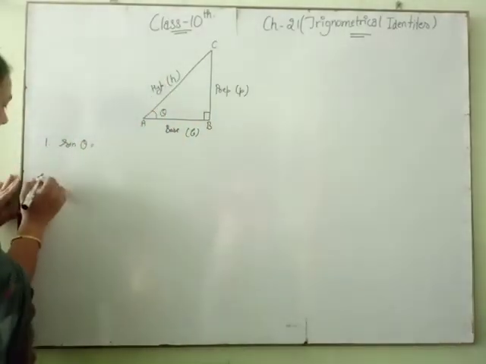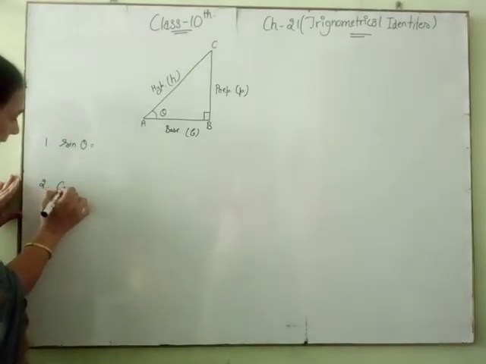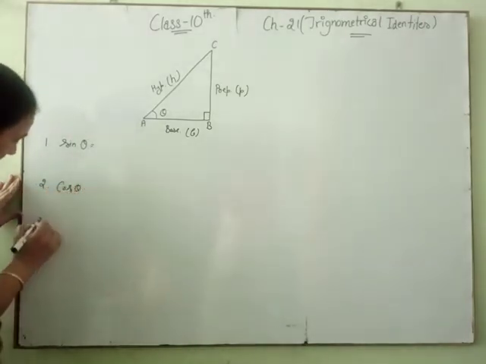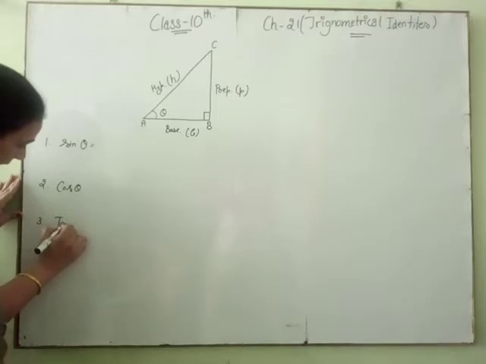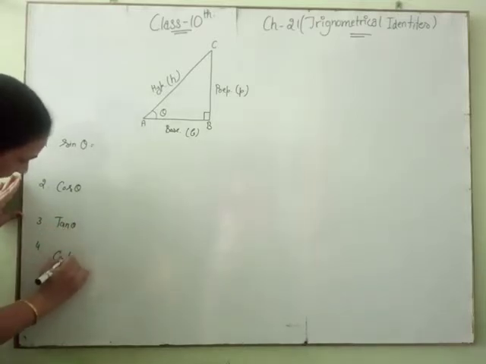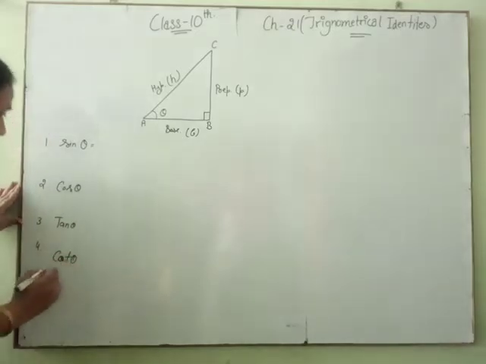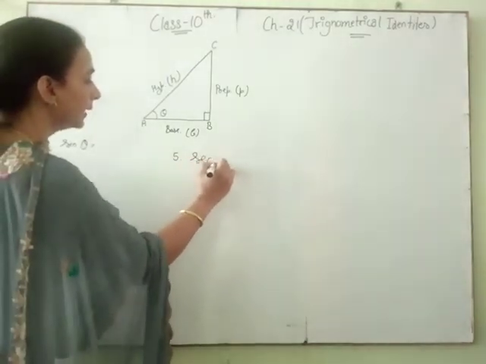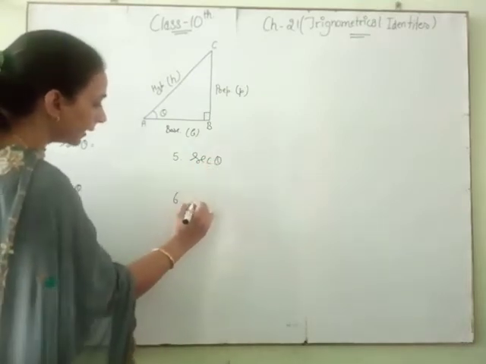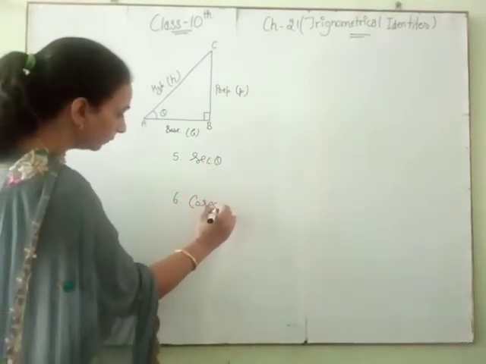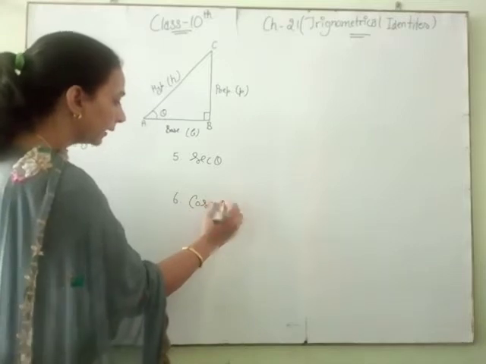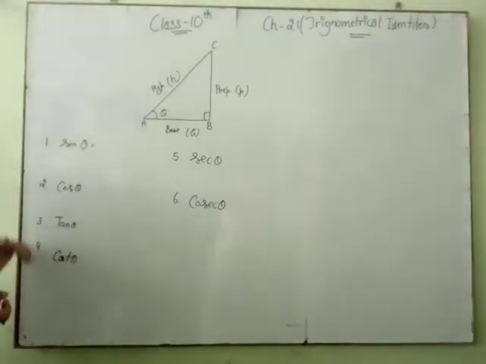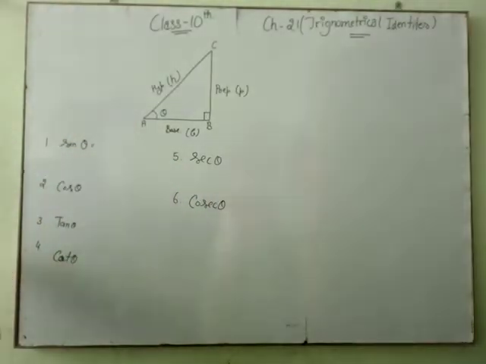First is sine theta, second is cos theta, third is tangent theta, fourth is cotangent theta, fifth is secant theta, and sixth is cosecant theta. These are the 6 trigonometrical ratios.